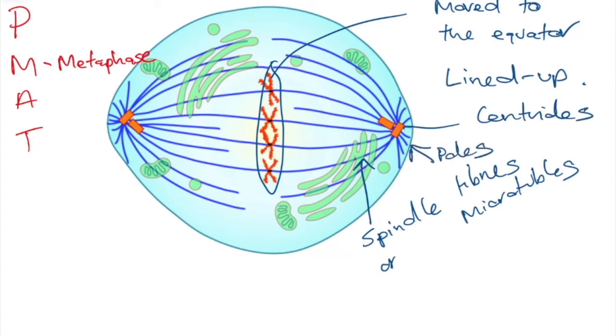So from each pole of the cell, spindle microtubules have grown out, they've connected, and actually this is happening in late prophase, to push the chromosomes into the right position. Some remaining microtubules will now attach, and then the cell is ready for the next phase.